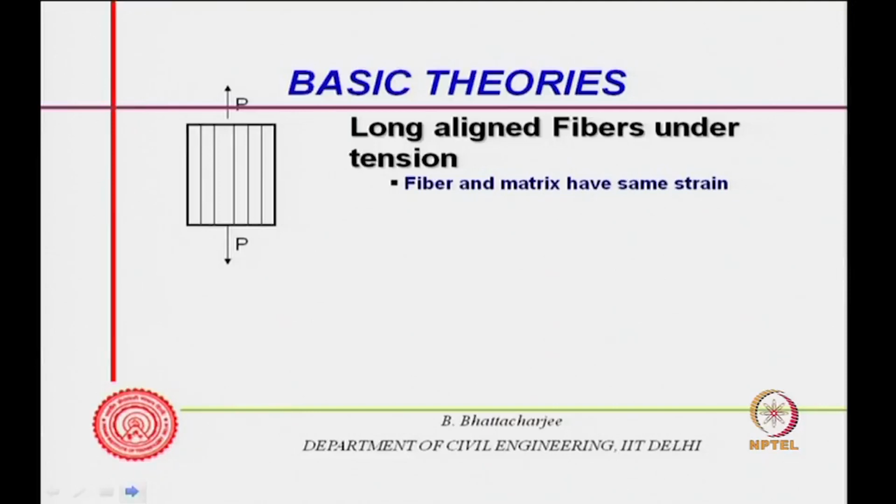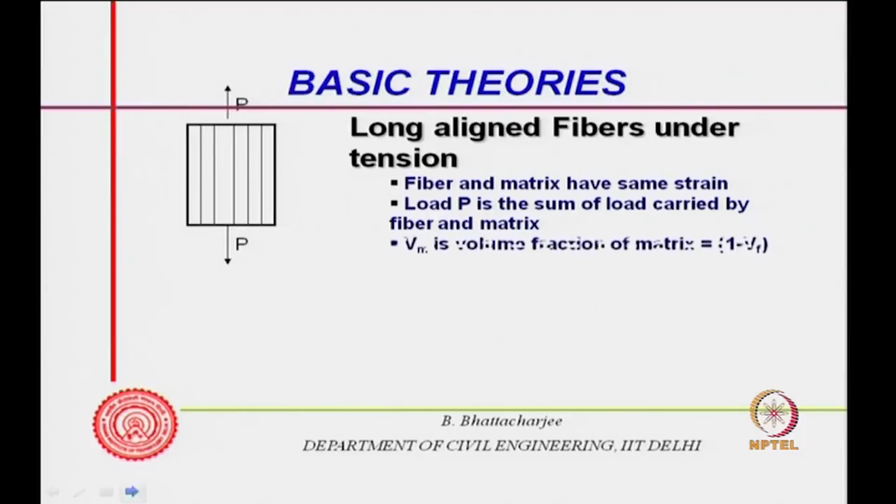Fiber and matrix have the same strain, because they are bonded together. So, we assume that there is no slippage, they bond together. So, load P is the sum of the load carried by both fiber and matrix. If V m is the volume fraction of the matrix, then fiber volume fraction will be V f, and V m is equal to 1 minus V f.